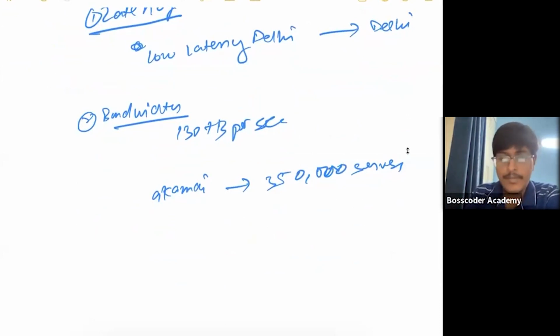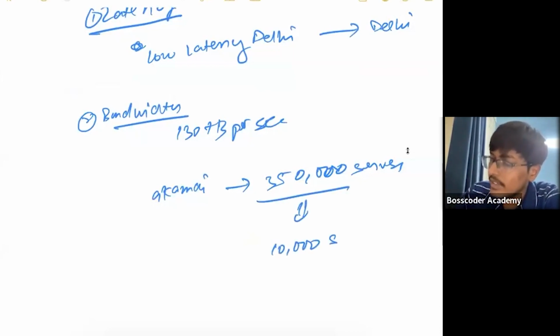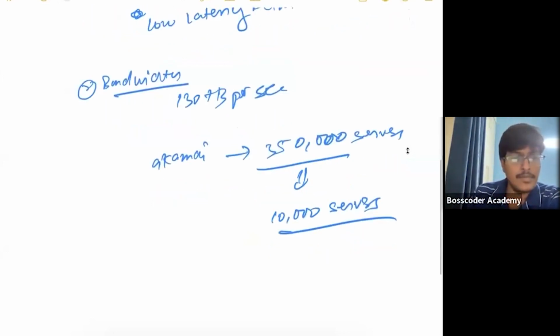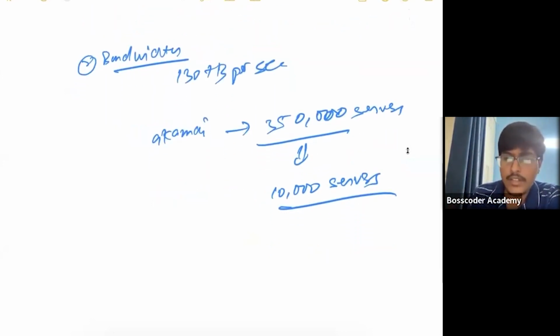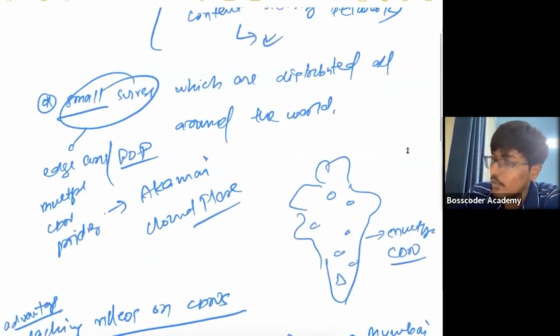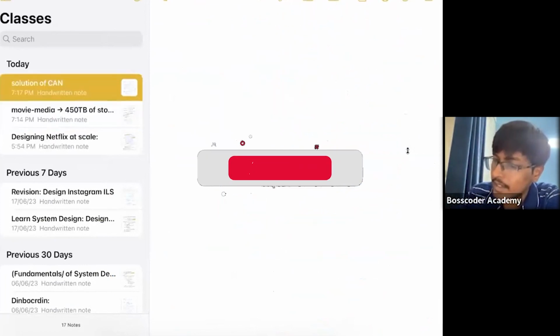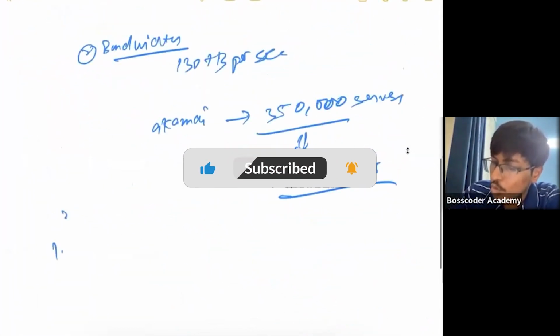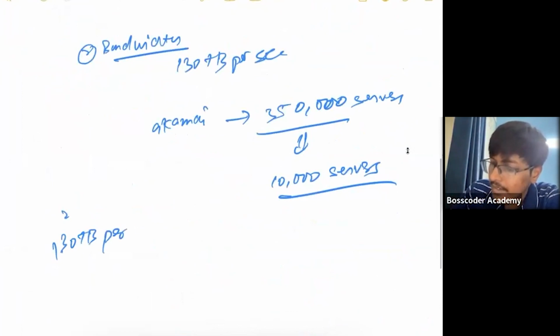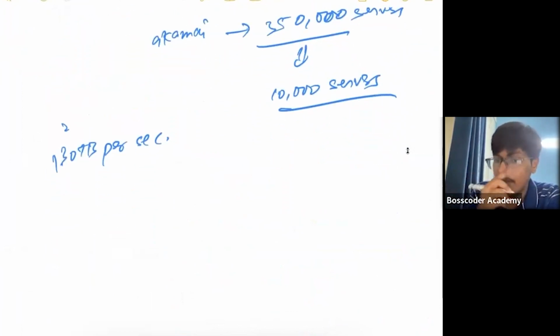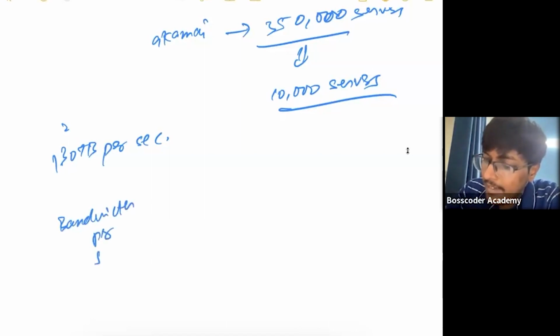Make sense? So now let's say we are using 100,000 servers. Earlier you used to require 130 terabyte per second from one system, now you have 10,000 servers which are ready to serve this much bandwidth. So what will be the bandwidth per edge server?